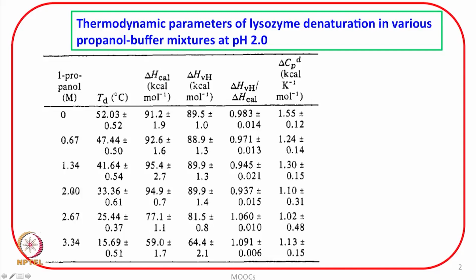Now, with further addition of propanol in the mixture, if you take 2.67 to 3.34 molar, the transition temperature is sharply decreasing, 33.36, then 25.44, then 15.69, and from 2 molar onwards, there is also a sharp decrease in calorimetric enthalpy, whereas the delta Cp is not very largely affected.